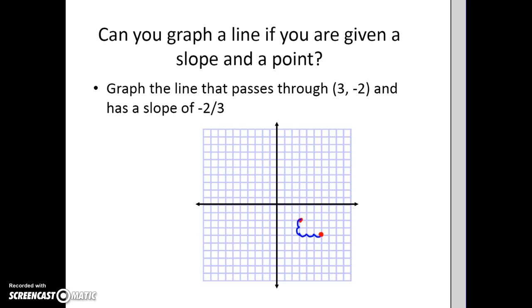Now, I only actually need 2 points to draw a line, so I could stop right there and draw the line across the entire coordinate plane, or I could continue counting the slope and give myself more points to give myself a really nice, accurate line.